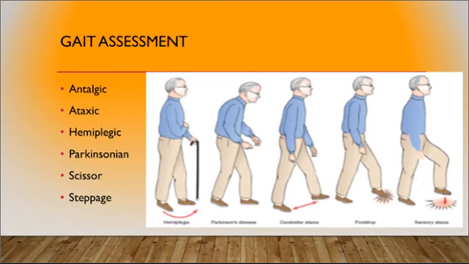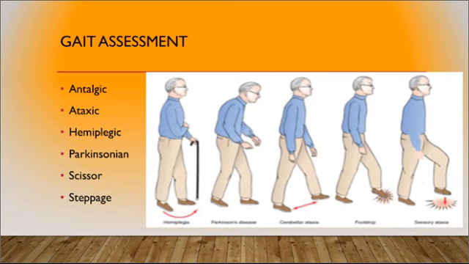Ataxic, your ataxic is what I would refer to as your drunk walk. It lacks balance, uncoordinated, or unsteady. It can be due to poor sensation or a lack of muscle control, which might be neurological. It can be jerky or weaving. It's an ataxic gait.